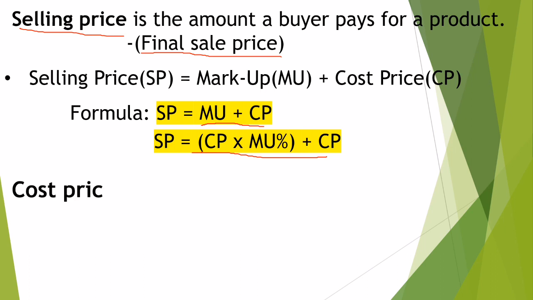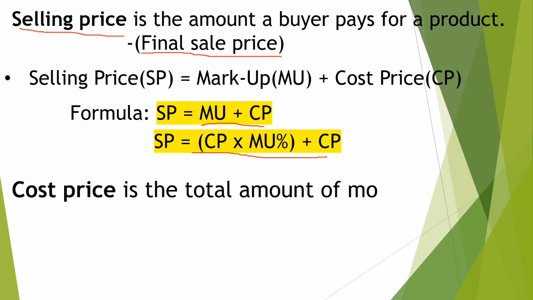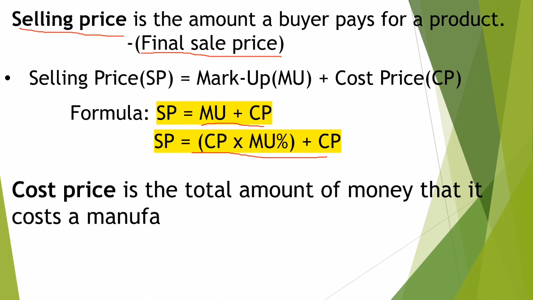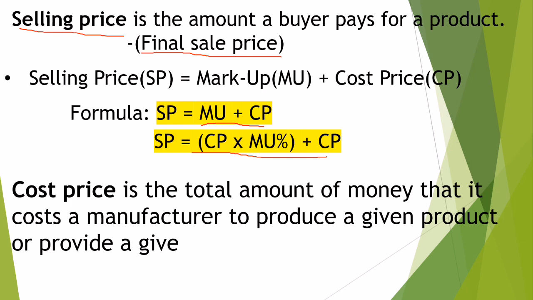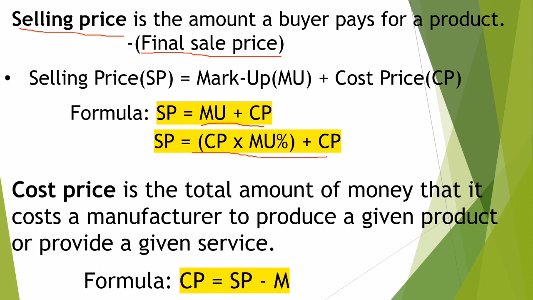Next, the cost price is the total amount of money that it costs a manufacturer to produce a given product or provide a given service. So for the formula of cost price, we have CP is equal to SP, or selling price, minus MU, or markup. Okay, so we have some examples here.